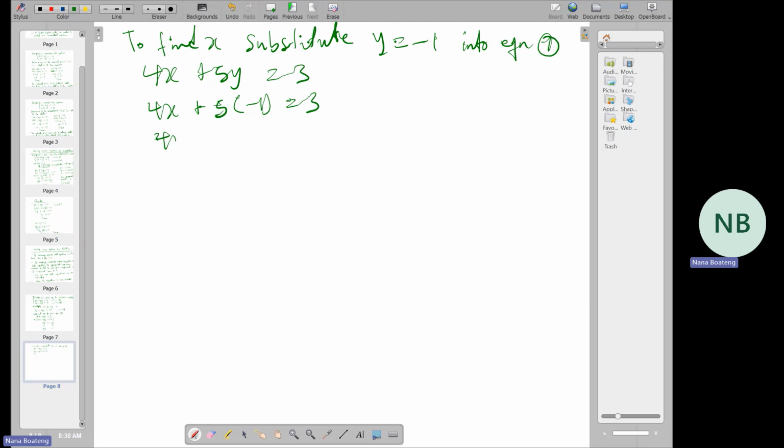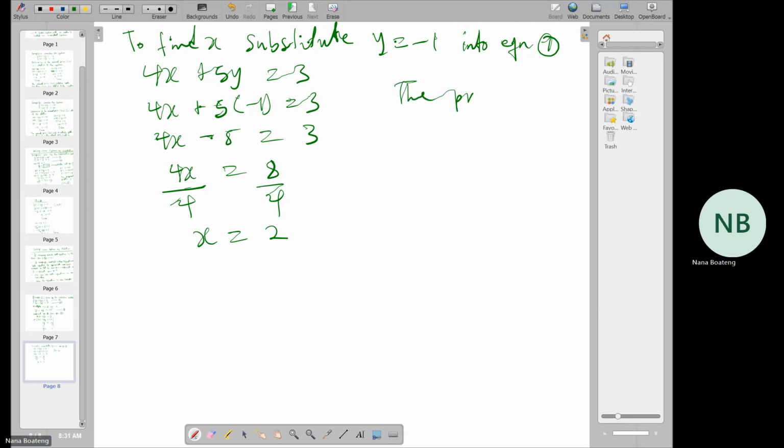So we have 4x minus 5 is equal to 3. We add 5 on both sides, and that gives us 4x is equal to 3 plus 5, which is 8. Now we can divide both sides by 4, and that gives us x is equal to 2. The proposed solution is 2 and negative 1.